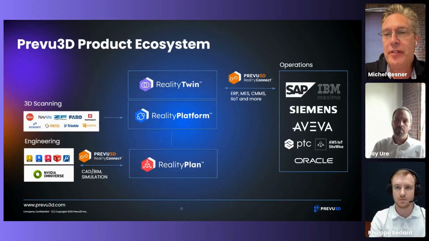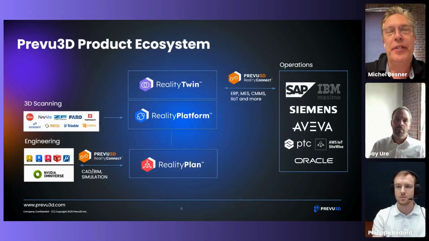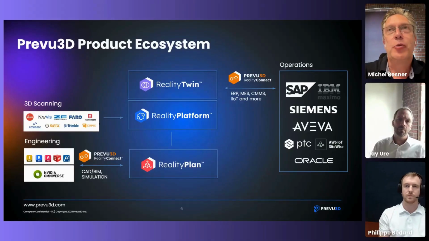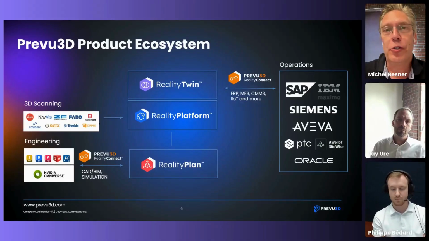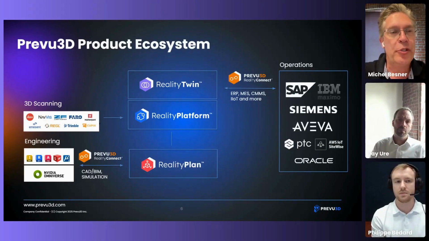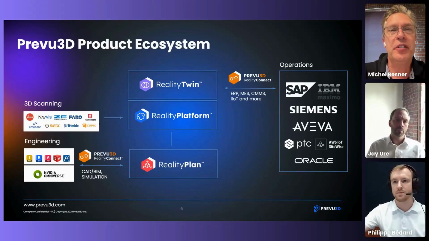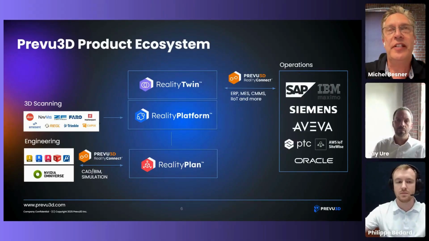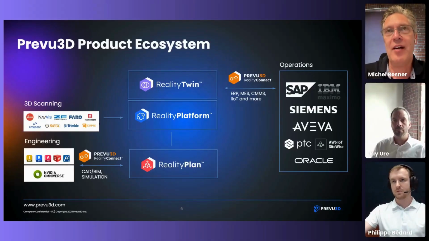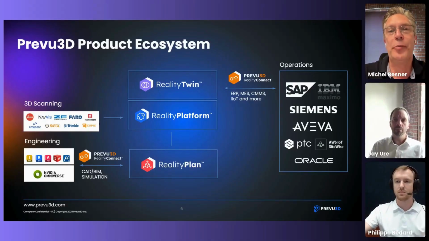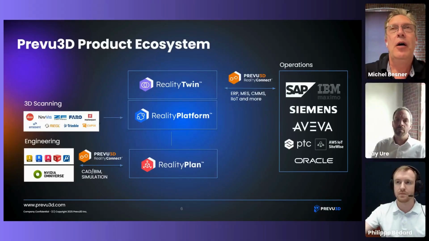Now with RealityTwin, it's a full web application. And that is really about how to maintain that single version of the truth, including this RealityComposer that we talked about, and you'll see it live in a few moments. But that's where you have this layer of assets that now can be connected to different systems of record. So if you have your ERP or MES system or PLM or IoT systems, and you see a few brands here like SAP, Siemens, Aveva, and so on, it's really how do you connect the different systems you have in your enterprise ecosystem?